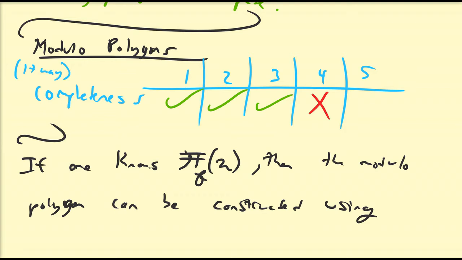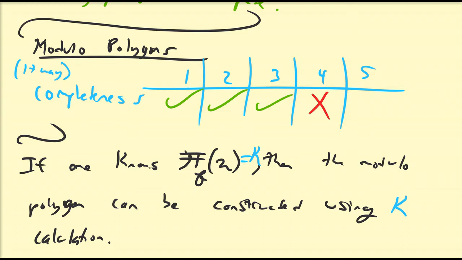Let's assume that the Pisano period of order n is equal to, say, k. Then in that case we can use k calculations. That means we do not have to list an infinite number of Fibonacci numbers in order to construct the modulo polygon for this particular sequence. All we need to do is go up to the Pisano period, because then it's going to reiterate past that. It's going to have the same exact trace, so the graph isn't going to change.